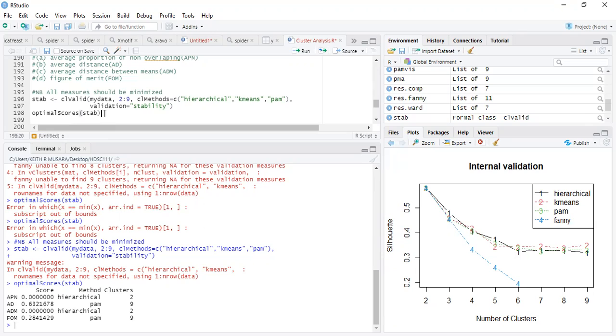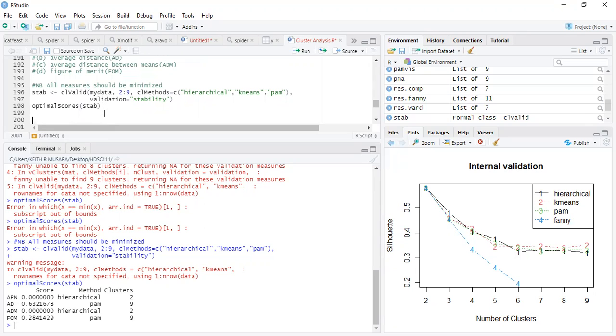Let me see what I can do. I want to see something.